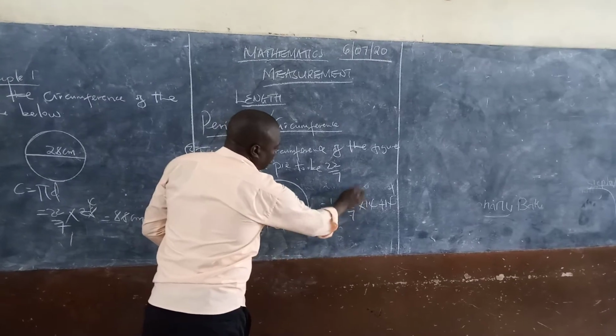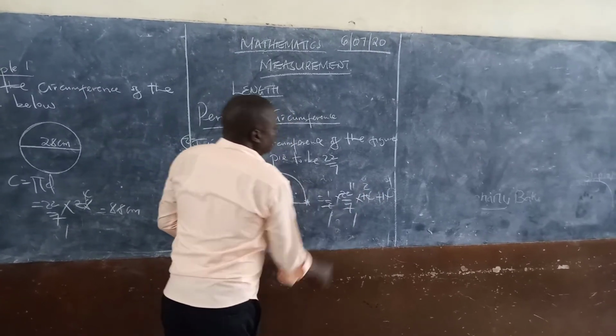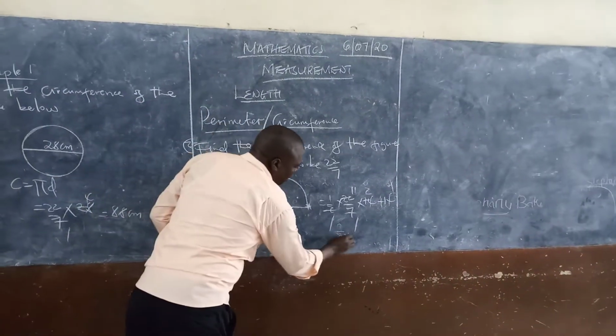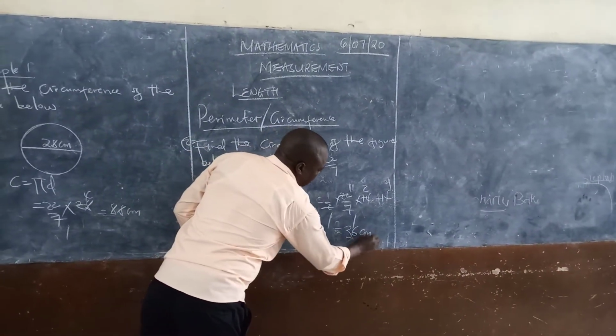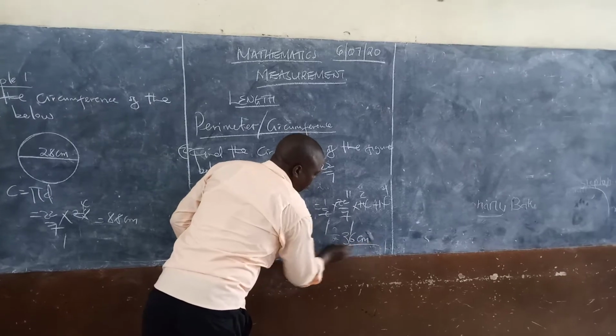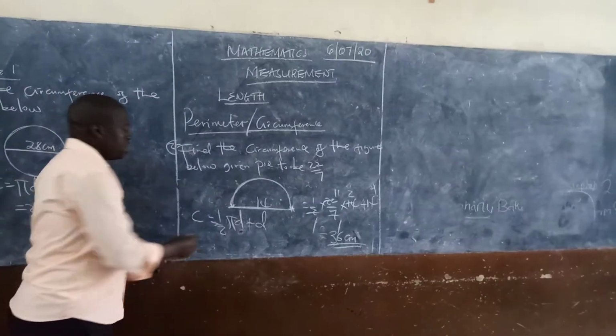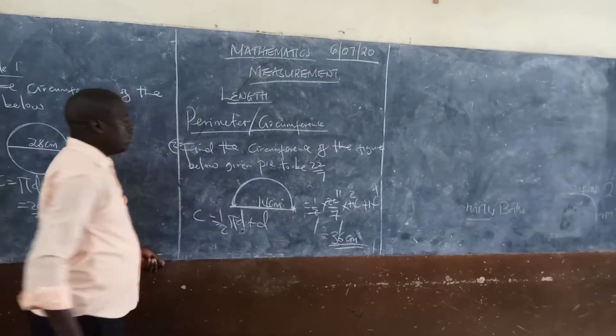So 2 1 2 11 7 1 7 2, 22 plus 14, we have 36 centimeter. So that is our circumference, or our perimeter of this half circle.